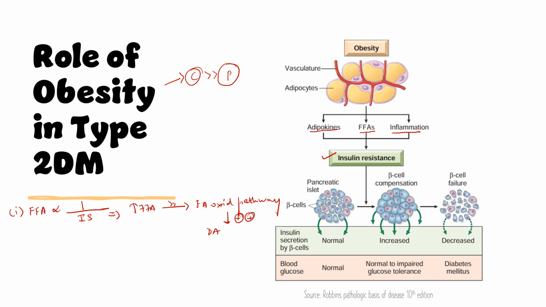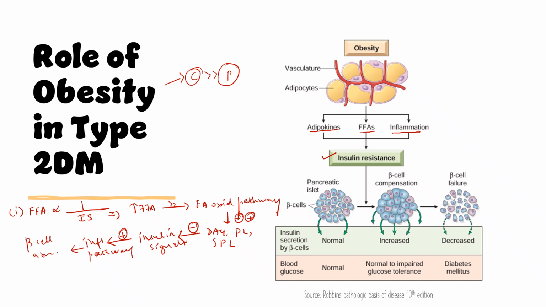One is DAG, the other is PL or phospholipases, and the third is SPL or sphingophospholipases. Now these tend to attenuate or diminish the insulin signals. Whenever there is diminishing of the insulin signal, there is activation of the inflammatory pathway. This activation of inflammatory pathway tends to cause beta cell abnormalities.